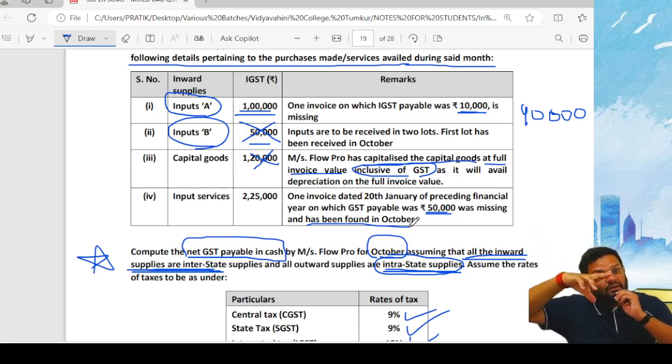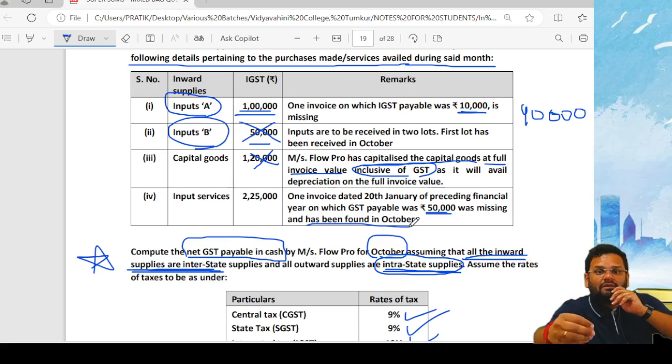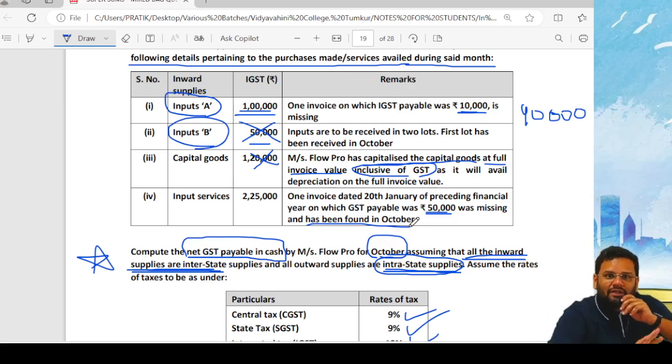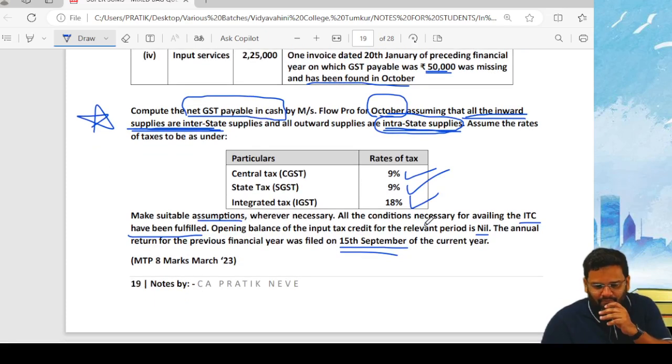So see, it was last financial year's January. You should have taken ITC maximum till November 30 of this financial year, or the actual date of filing the annual return. When have you filed the annual return? It's given here, 15th September.